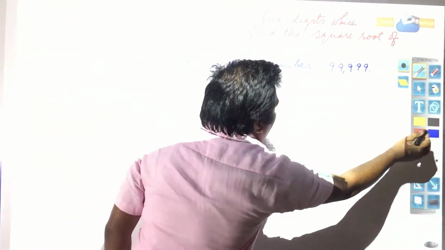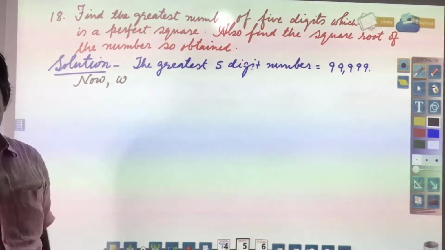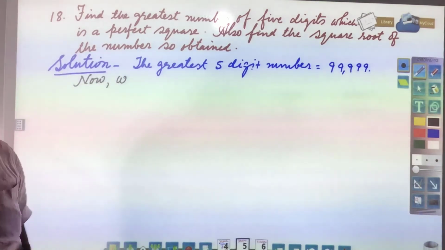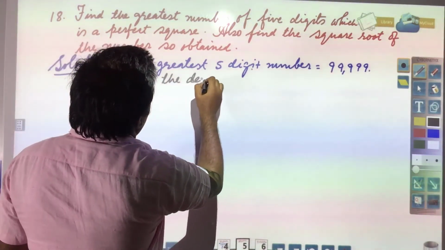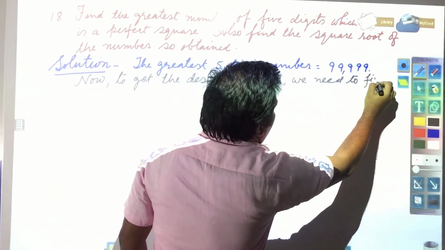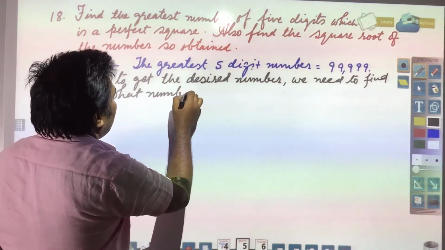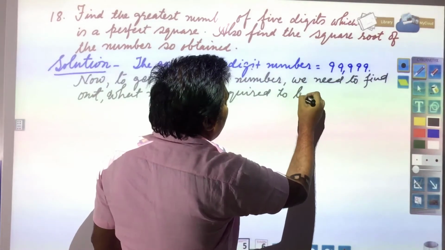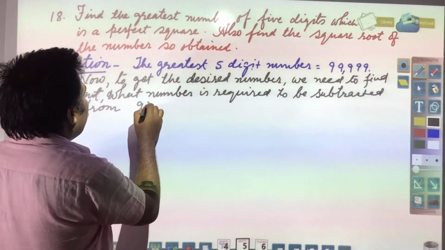Now, to get the desired number, we need to find out what number is required to be subtracted from 99,999.